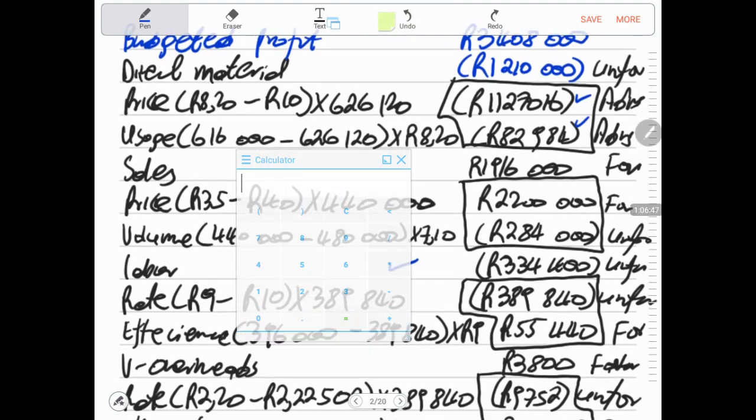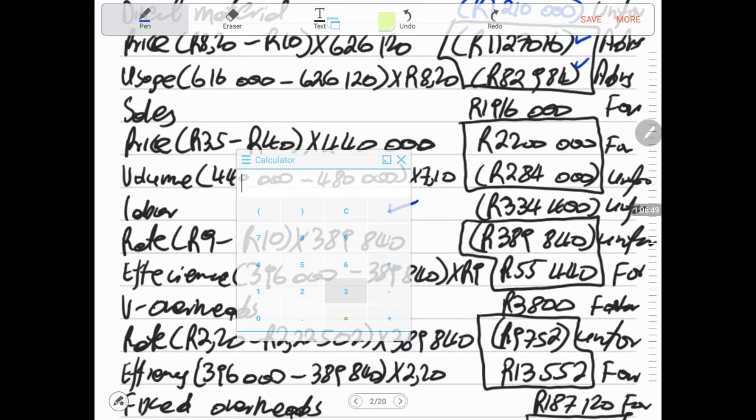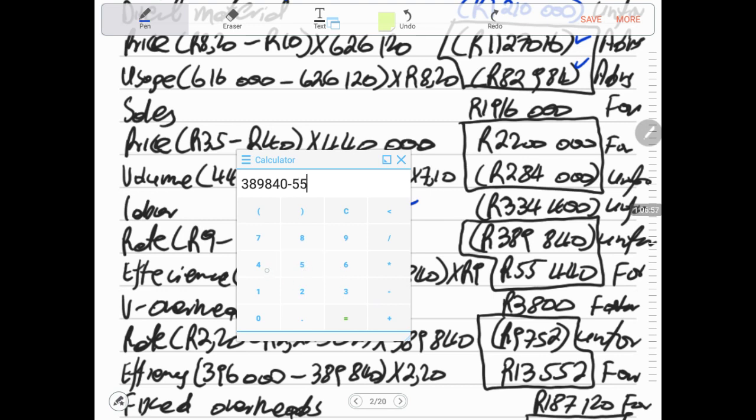Just want to test. We have 389,840 minus 55,440. This is 334,400, because 389 was unfavorable, and so that will be unfavorable, correct?